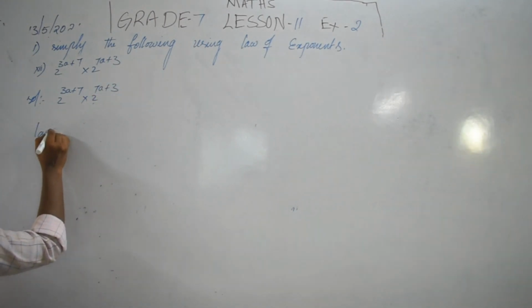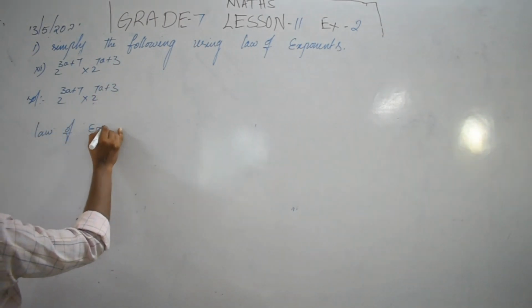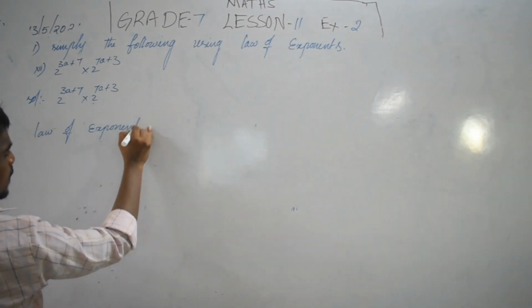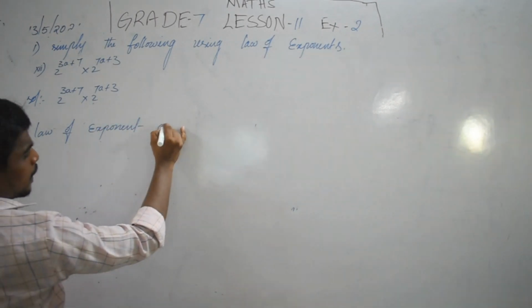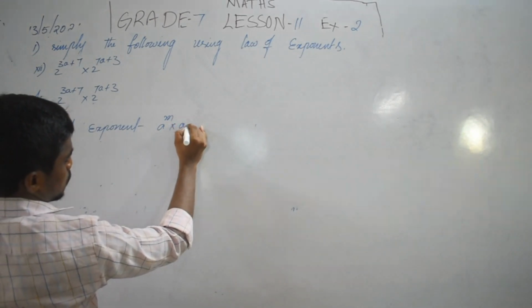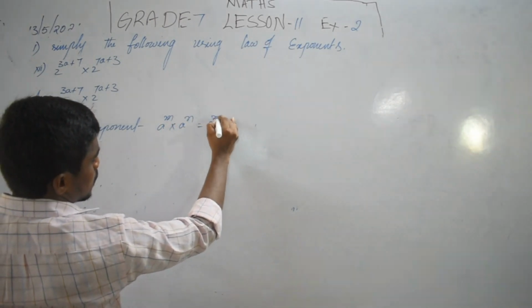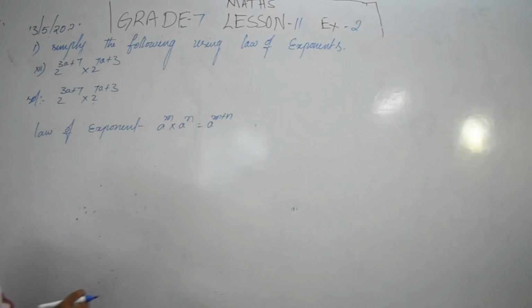So law of exponent: a power m multiplied by a power n equals a power m plus n.